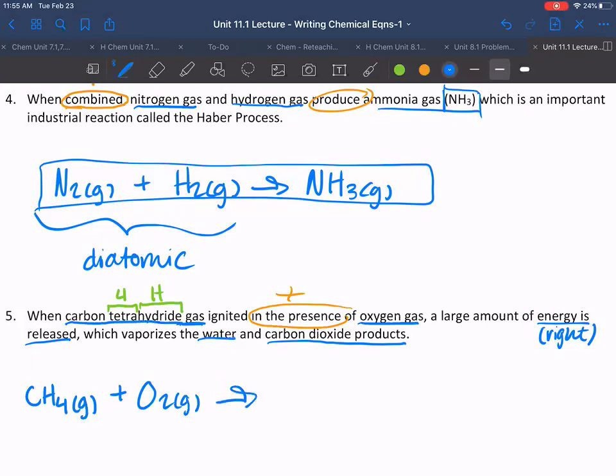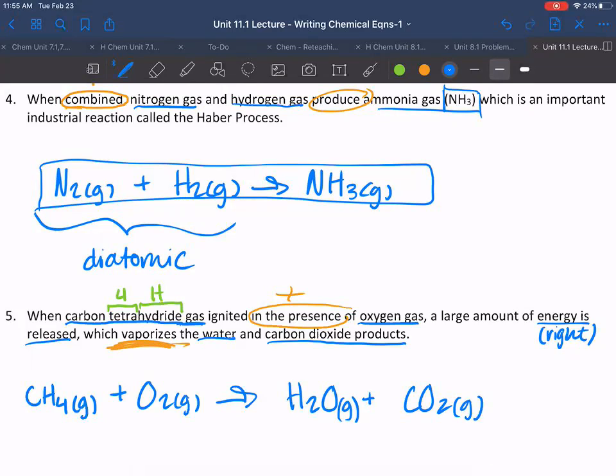So this now produces water, which we know is H2O. And what's carbon dioxide's formula? CO2. Bam. What state are these in? Aqueous. Nope. What do you think vaporizes means? What's a vapor? It's a gas. So both of these are in a gaseous state.